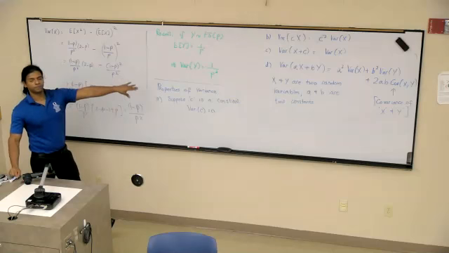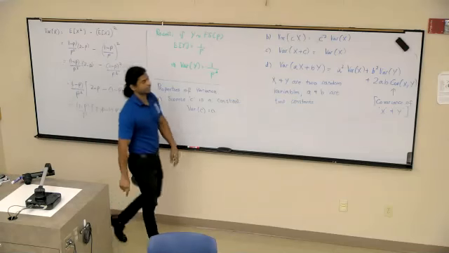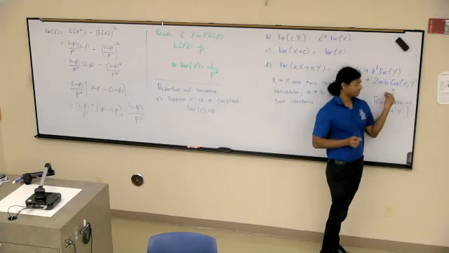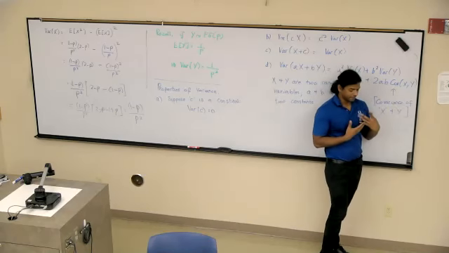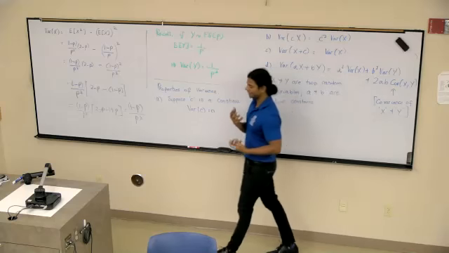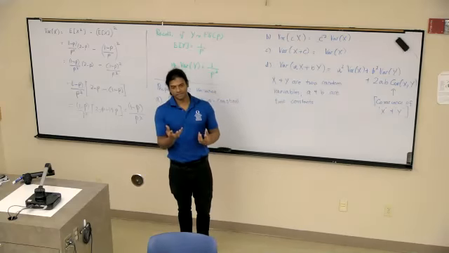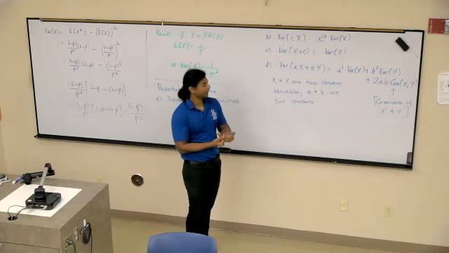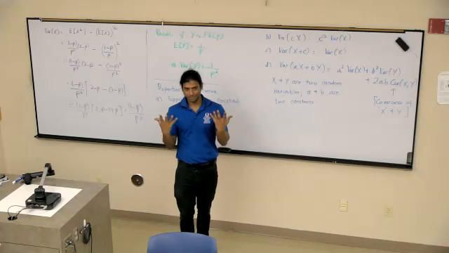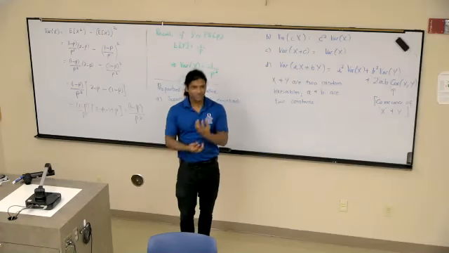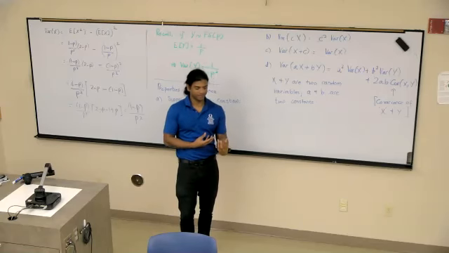I'll just write the property, but the definition of covariance we will do when we have two random variables. So what does covariance mean? Covariance simply states how one random variable changes with respect to another random variable.